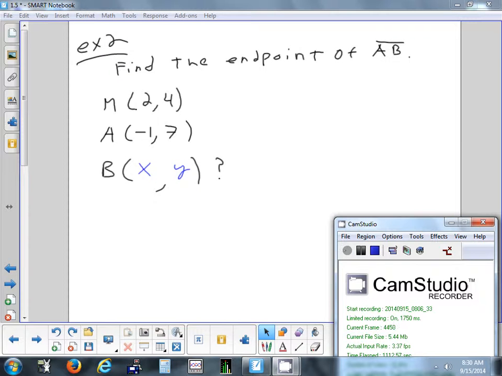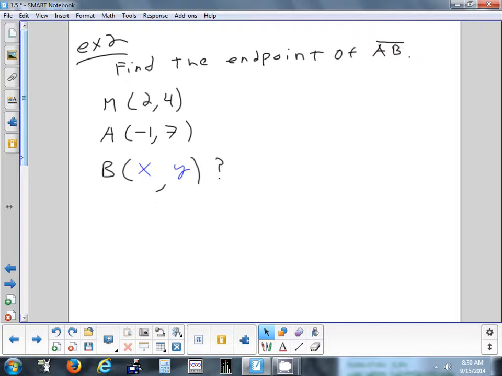Okay, so one way to do it is algebraically. We know that we want the midpoint to come out to 2, 4. Let me focus just on the x value for now. I want the x value to come out to 2. What's one of the x values that I already know I'm working with?